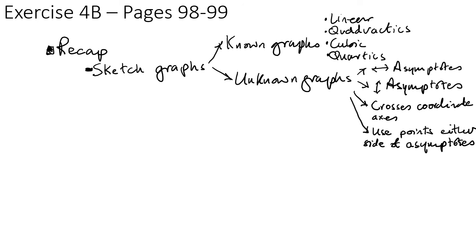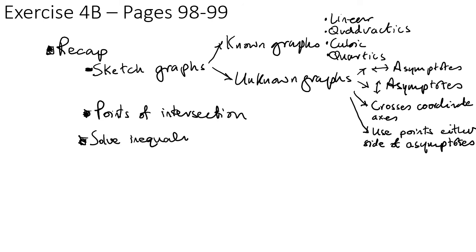Once we've sketched the graphs, then we want to find the points of intersection. And then once we've got the point of intersection, we can solve the inequality. And basically remember that if we have this symbol, it means where one graph is above the other.